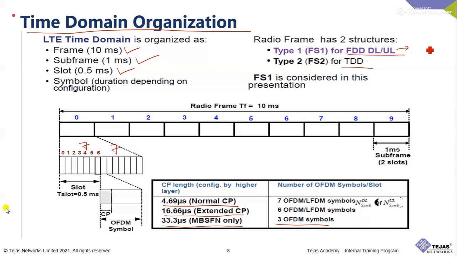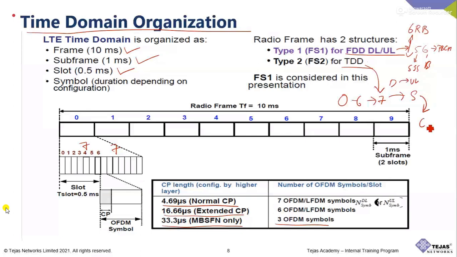In TDD, what we have to remember is the TDD configuration always has 0 to 6, totally 7 configurations available. In this, we have a special subframe to do the downlink to uplink switching. This special subframe again has 0 to 8, totally 9 configurations available.